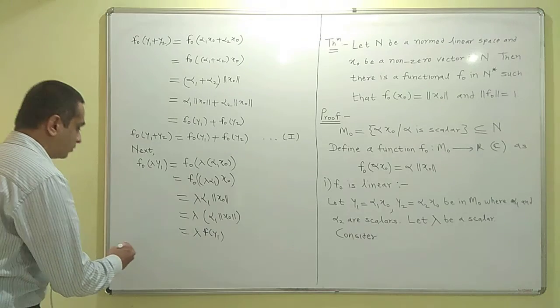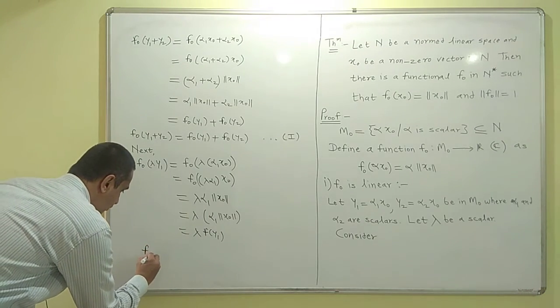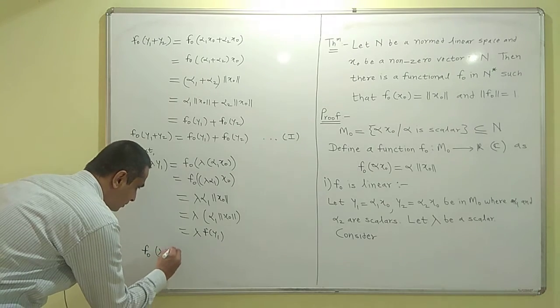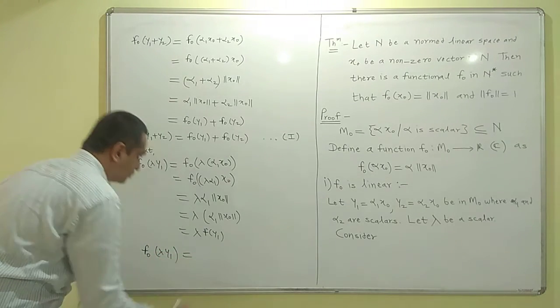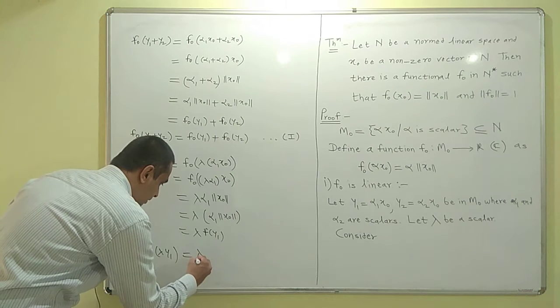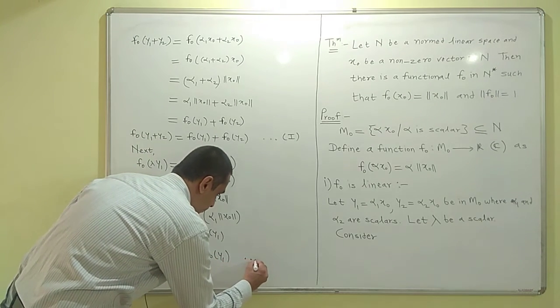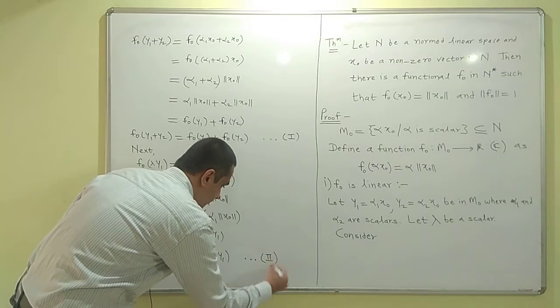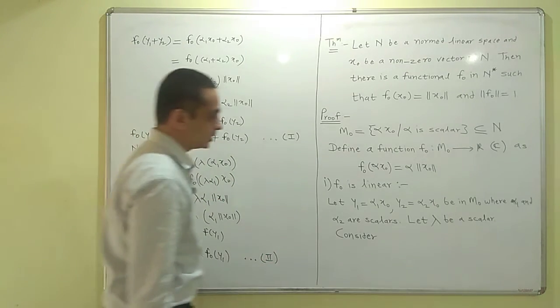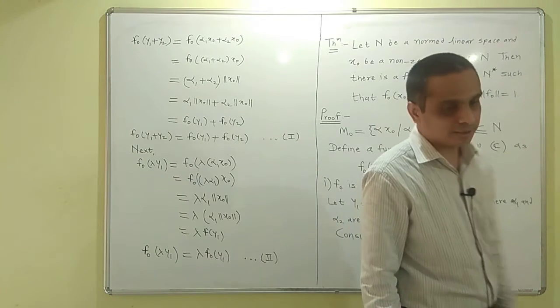So thus what we proved, f0 of lambda y1 is equal to lambda times f0 of y1. These two properties are sufficient to prove that f0 is linear.